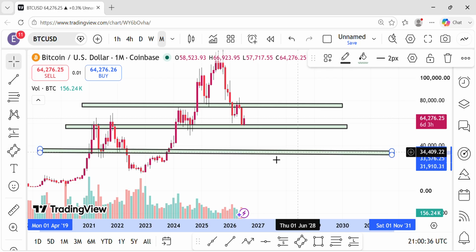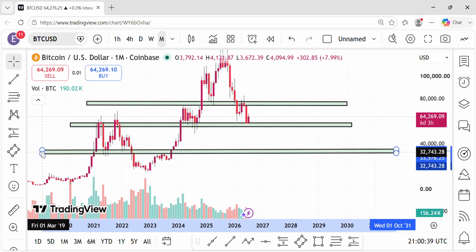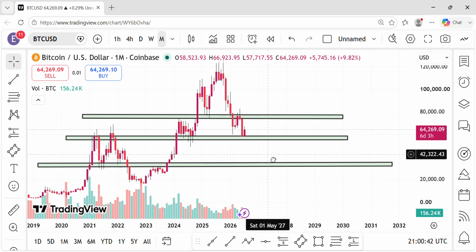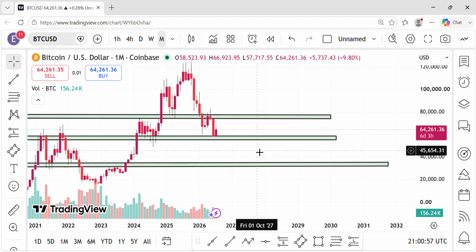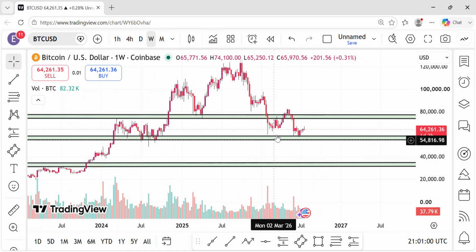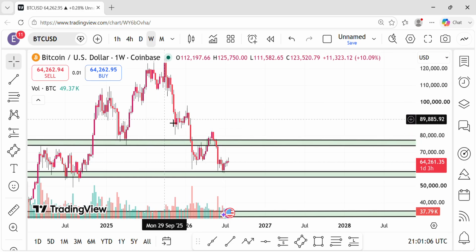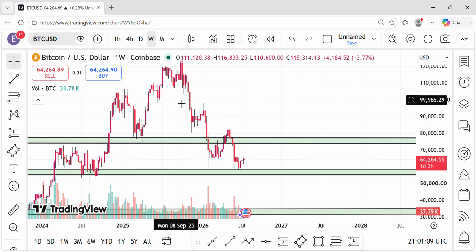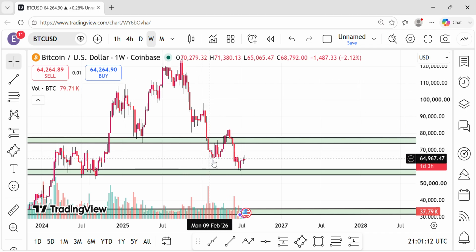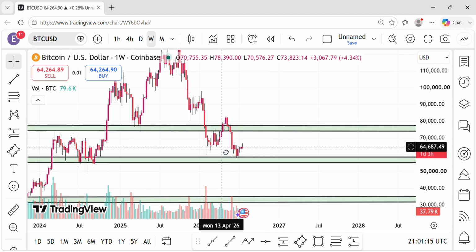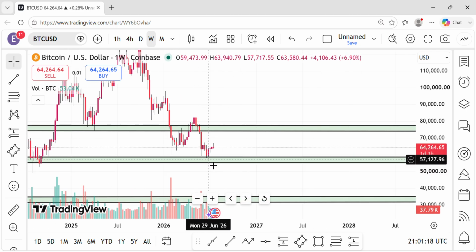Okay, so now as traders, what we need to do is that we need to move to the weekly time frame, and from our weekly time frame, we can spot that this market definitely did change in direction, and now we are on this support zone.